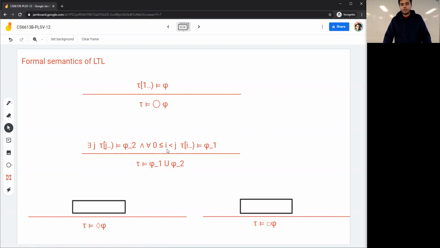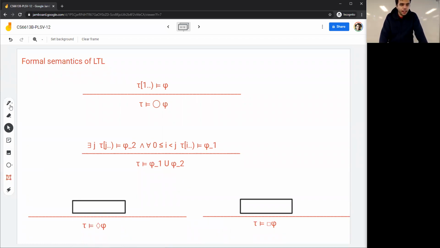And also at every time before that, at every i that is less than j, if I only look at the suffix that starts from i, then this should satisfy phi1. And if I have these, I can say that tau satisfies phi1 until phi2.